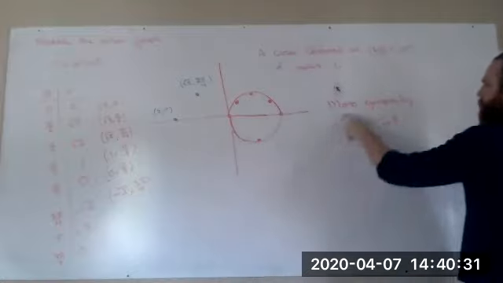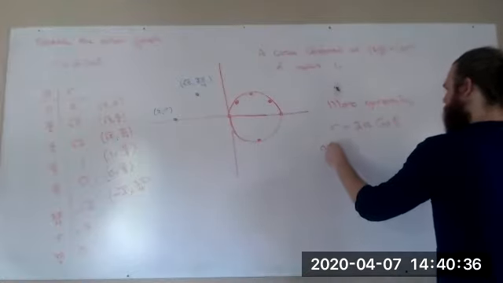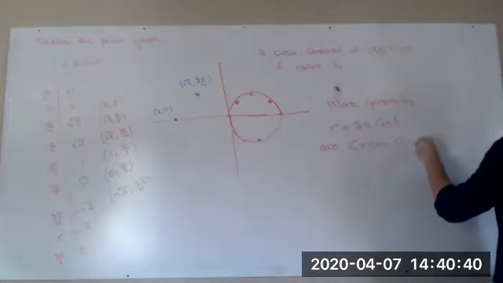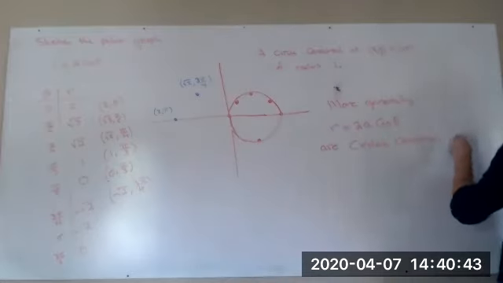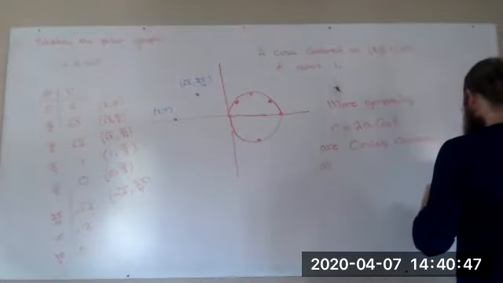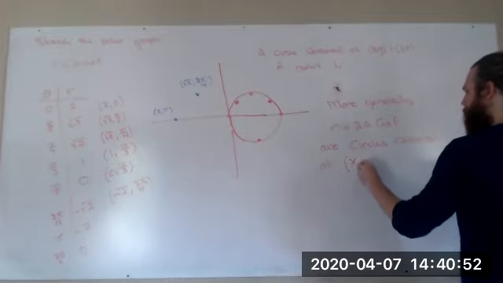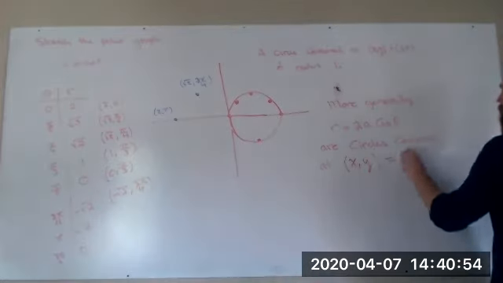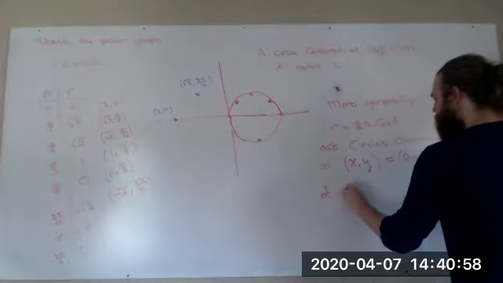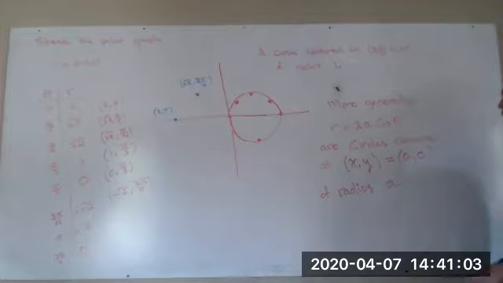So all of these polar curves are circles centered at the Cartesian point x comma y equals a comma 0 of radius a.